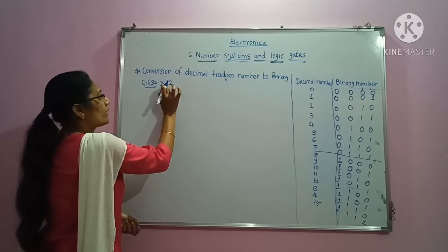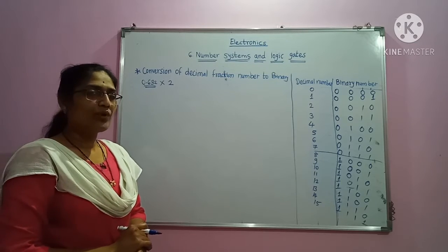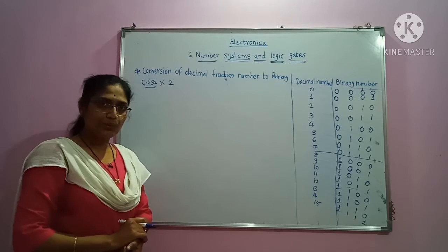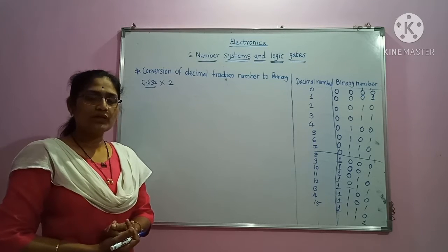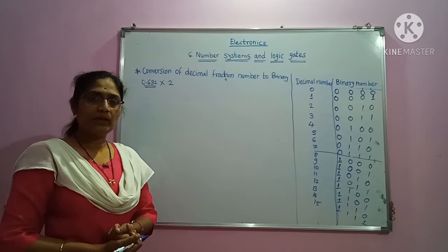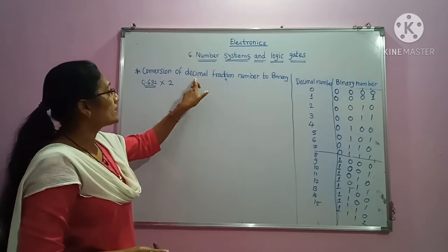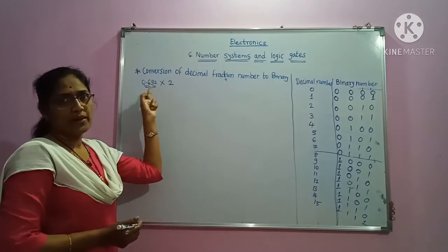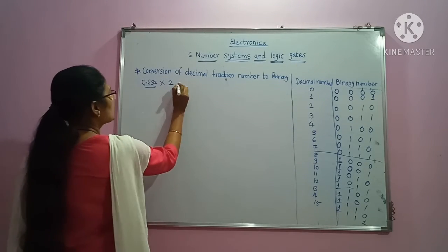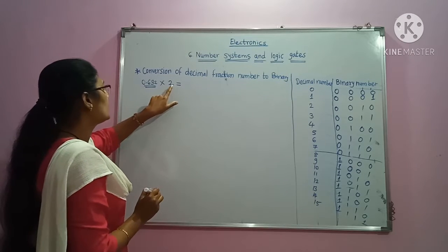The rule is called multiply by 2. So, in each step we have to multiply by 2. In the previous lecture, each time we were dividing 34 by 2. Here, in decimal fraction to binary, we have to multiply by 2. So let's multiply this given number with 2.